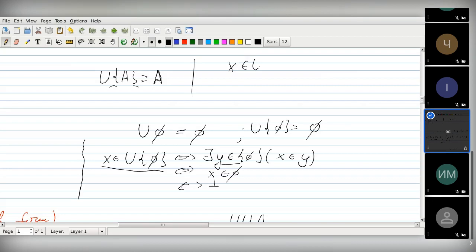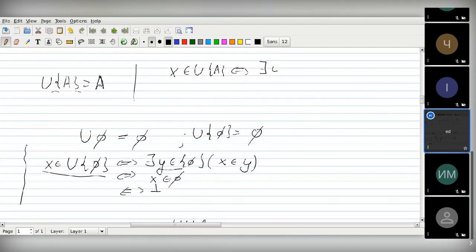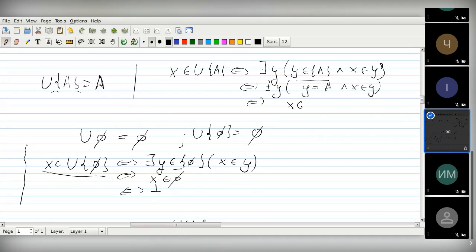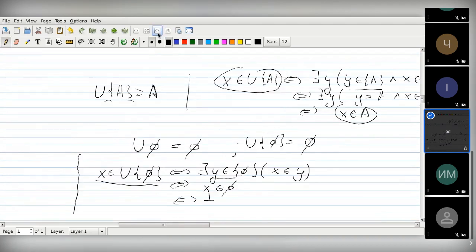X belongs to this set if and only if there exists some Y, so that Y is an element of the singleton and X is an element of Y. But the only element of the singleton is just A itself. So Y equals A and X is an element of Y. That is, X is an element of A. That means that this is so.